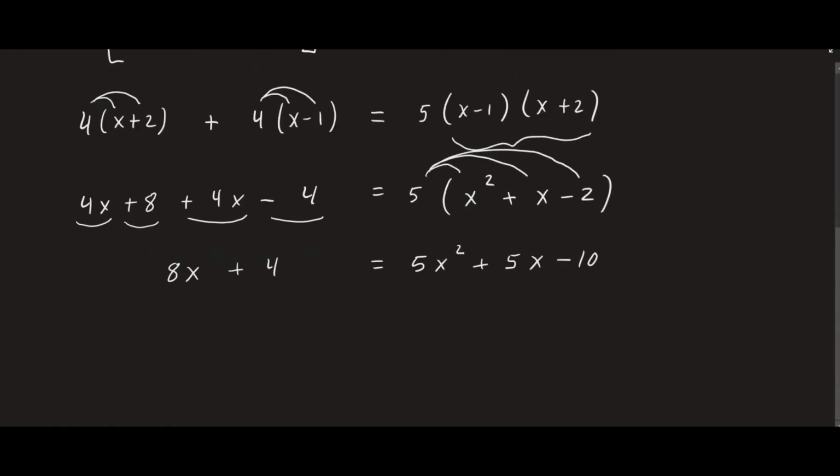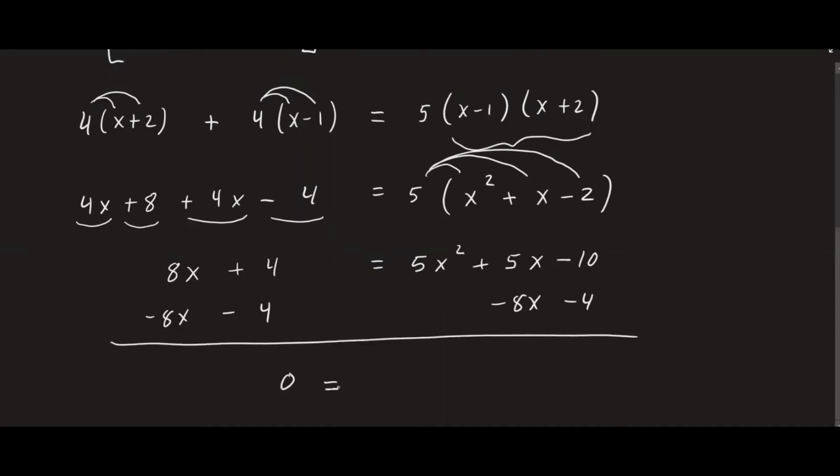And now we want to move everything to the right side and then see if we can factor. So we subtract 8x and 4 from both sides, to set one side equal to 0. We're choosing the left side to be 0. So that will be equal to 5x squared, and then 5x minus 8x, that will be negative 3x, minus 14.